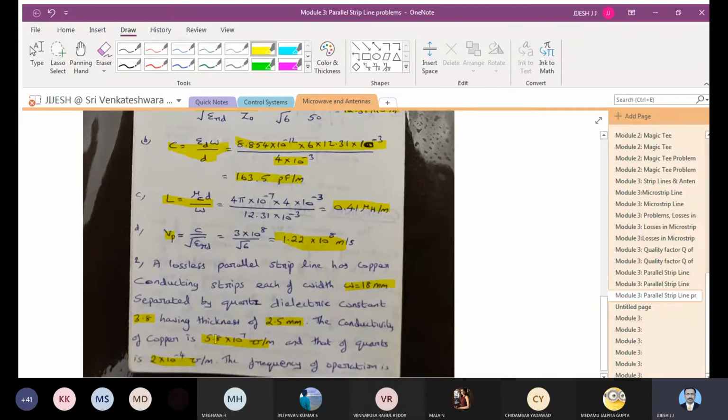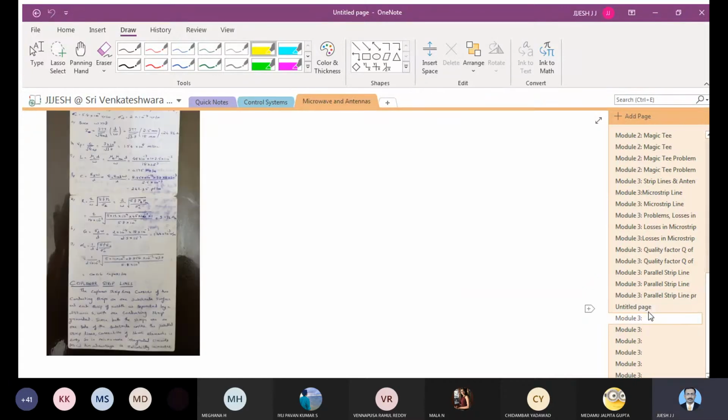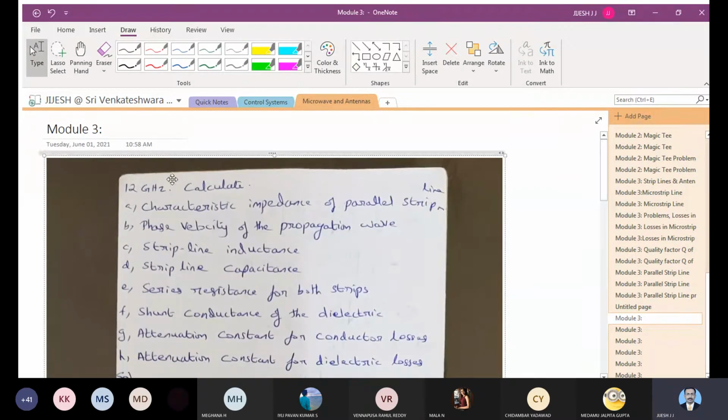The conductivity of copper is 5.8 into 10 to the power of 7 mho per meter, and that of the quartz is 2 into 10 to the power of minus 4 mho per meter. The frequency of operation is 12 gigahertz.